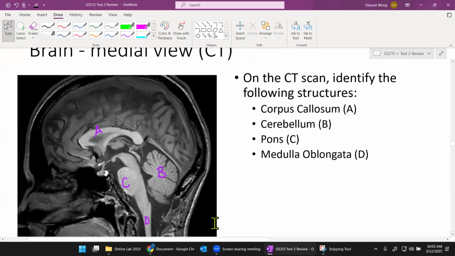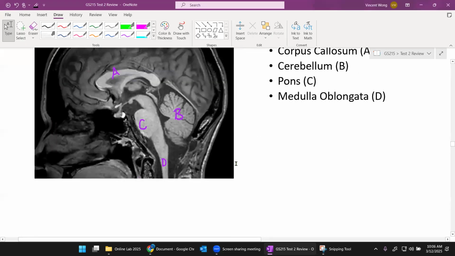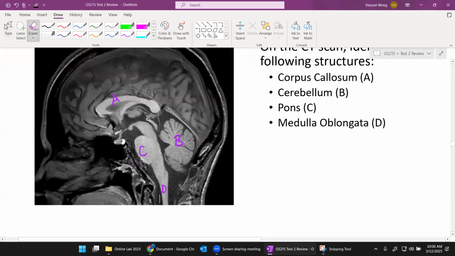This is a good picture for one of those hotspot type of question clicking stuff, right? There is the fourth ventricle, lateral ventricle, thalamus, right? You can even see the pituitary gland right here, hypothalamus, okay? Pineal gland around there.